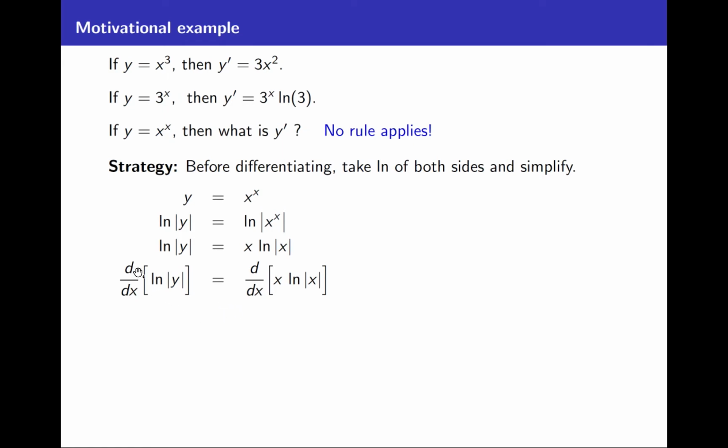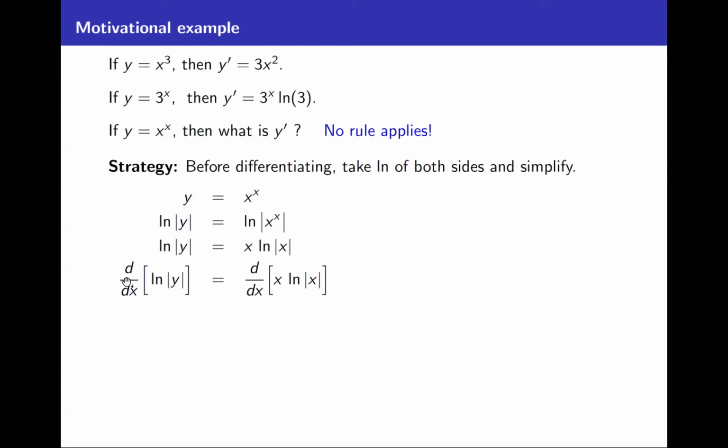Now on the left, we have d/dx of ln of y. This is the derivative with respect to x of y. So it's not d/dx of ln of x, it's d/dx of ln of y. And remember, y is a function of x. In fact, it's the function we're trying to find the derivative of.